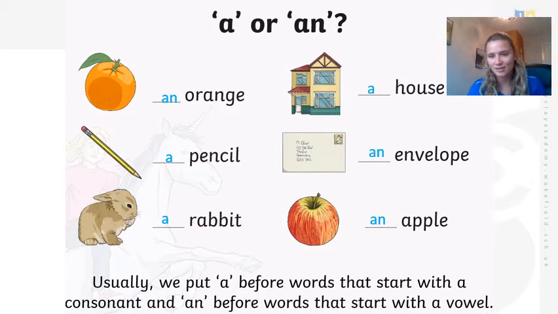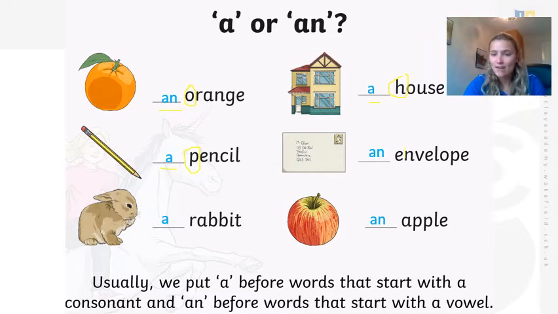So let's see, have we got it correct? Obviously I did the first one for us. So we had an, because our starting letter of our next word is a vowel, and we had a because our starting letter was a consonant. So let's have a look at my letter of my next word. It's a P. I know P is a consonant, so I would use a pencil.